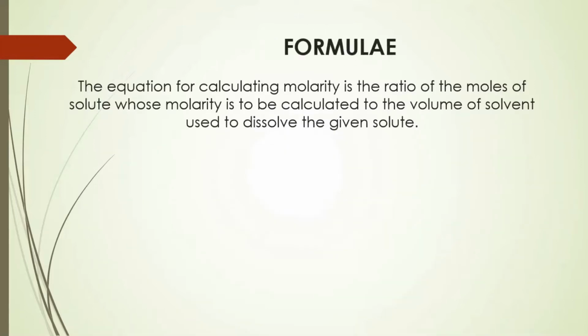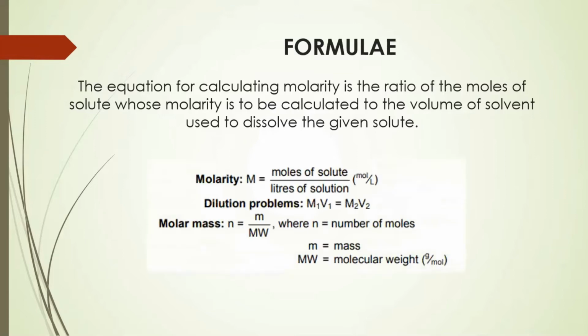Formulae. The equation for calculating molarity is the ratio of moles of the solute whose molarity is to be calculated to the volume of the solvent used to dissolve the given solute. Mathematically, molarity can be written as moles of the solute per liter of the solution. The unit of molarity is mole per liter.